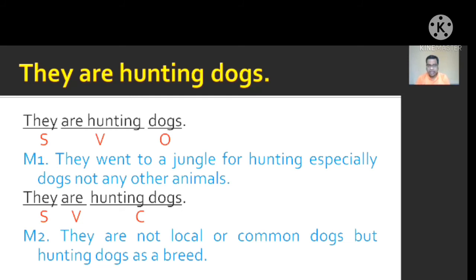But there is also a category of dogs, a breed of dogs called hunting dogs. And such dogs are used only for the purpose of hunting in the jungle. So what are they? They are the hunting dogs as a breed. So this is the second meaning of this particular sentence.